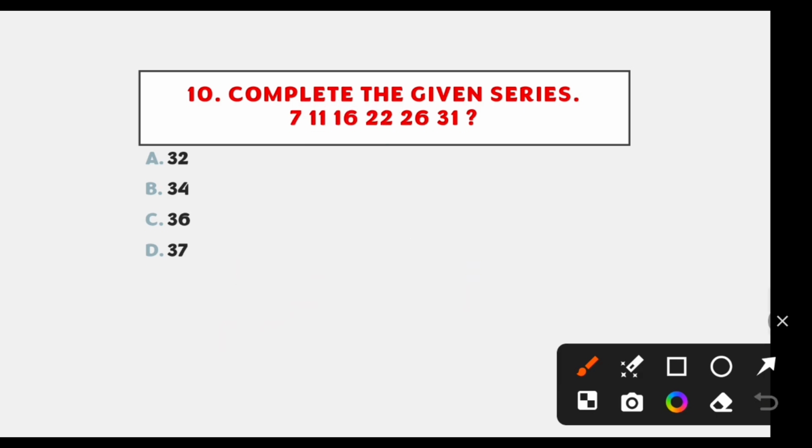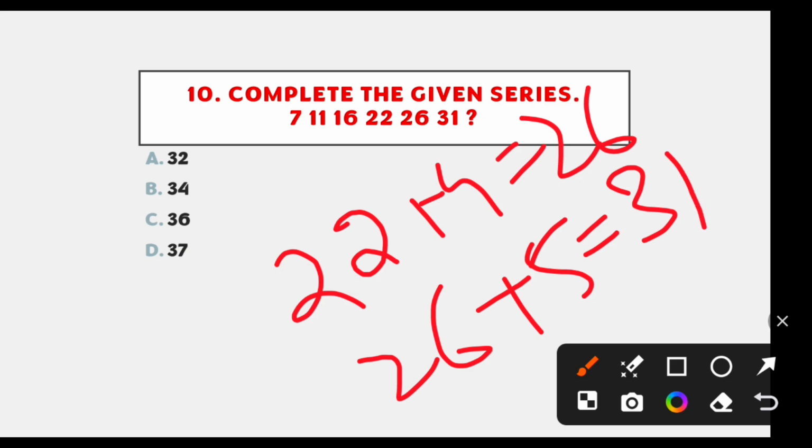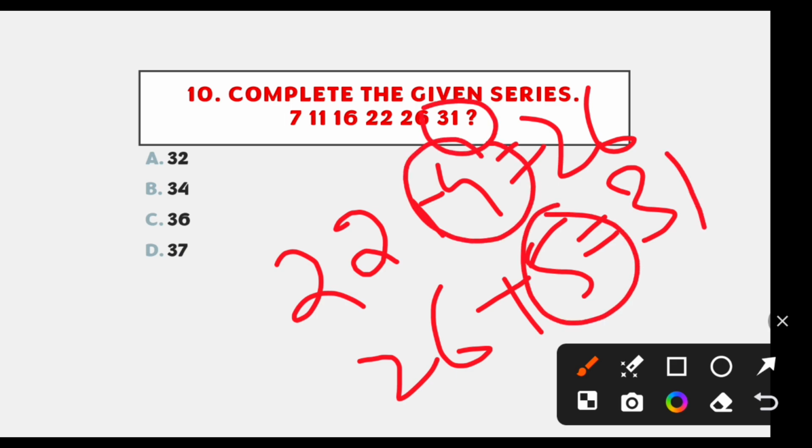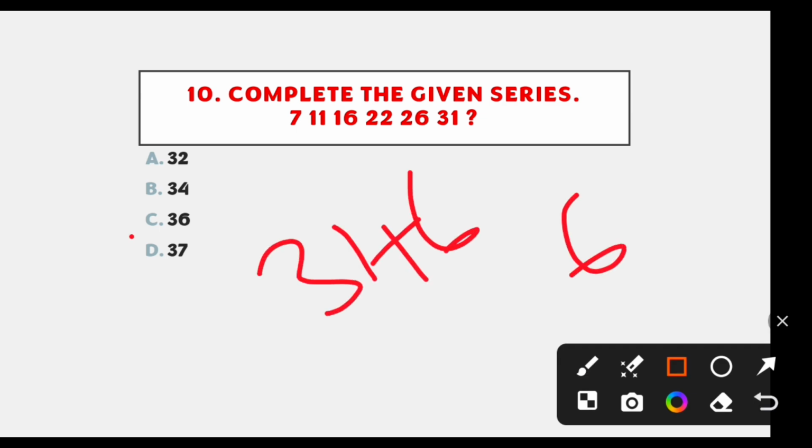Next, again we go back to the lowest number: if we add 22 plus 4, the answer is 26. If we add 26 plus 5, the answer is 31. So here, first 4 is added, then 5 is added, next we have to add 6. So 31 plus 6 is equal to 37.